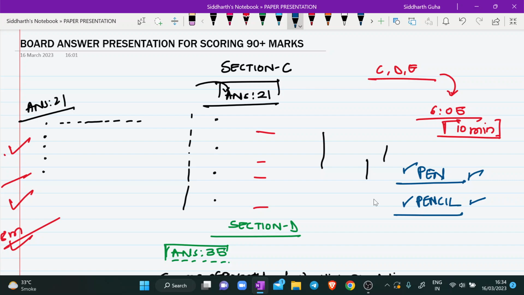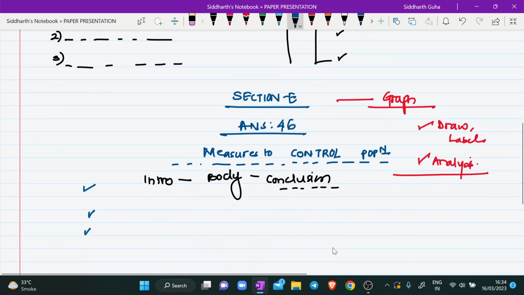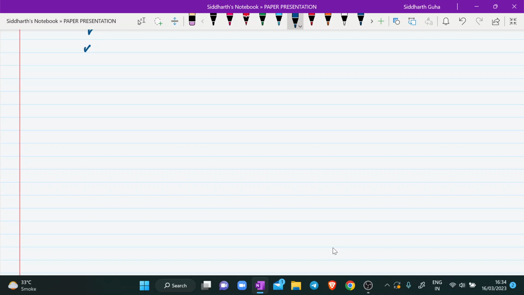And as I have told you the order of preparation of the chapters, do that. There is no holiday for the economics paper, but don't worry, revise it thoroughly. When we talk about 11 chapters, there are a total of 11 chapters.